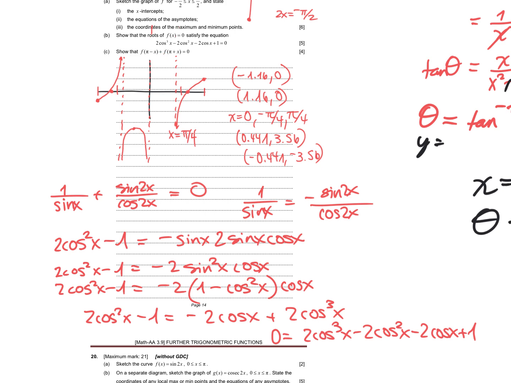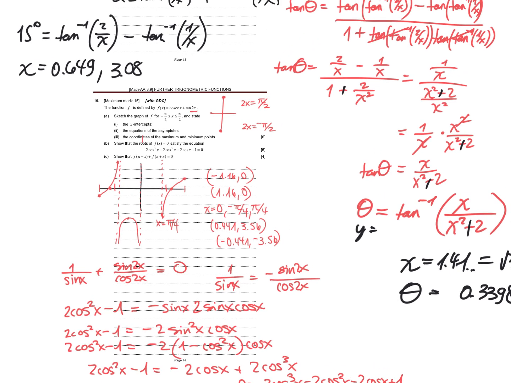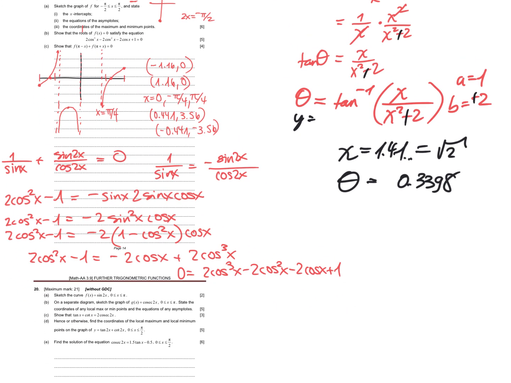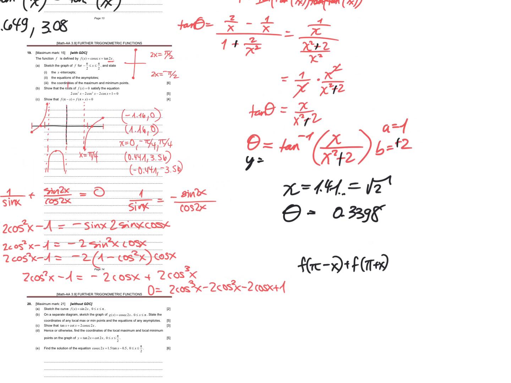Show that f at pi over x, okay, so f at pi over x, minus x. So show that equals 0. So the function is cosecant.